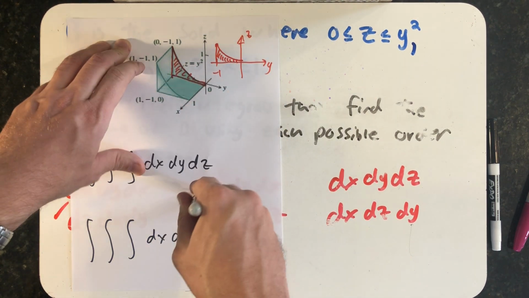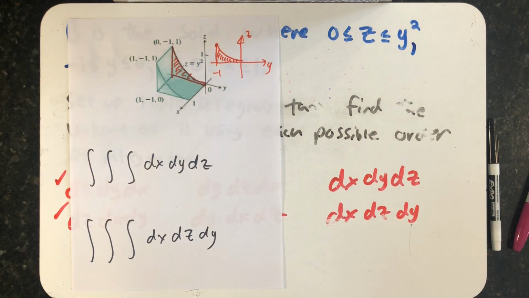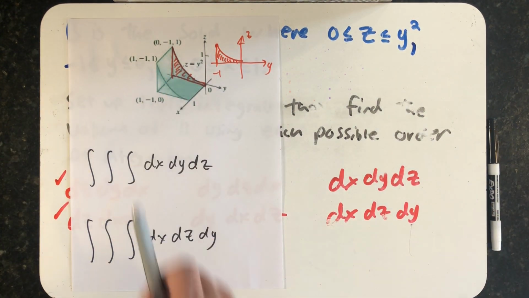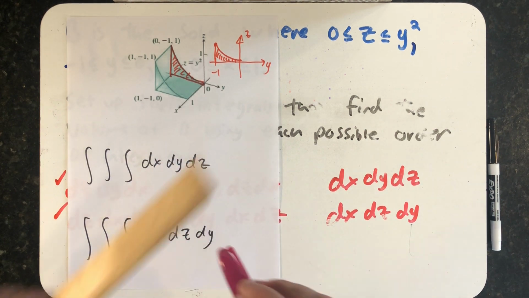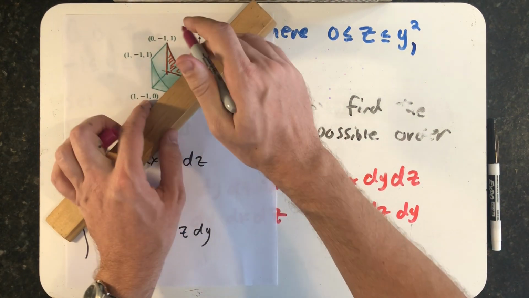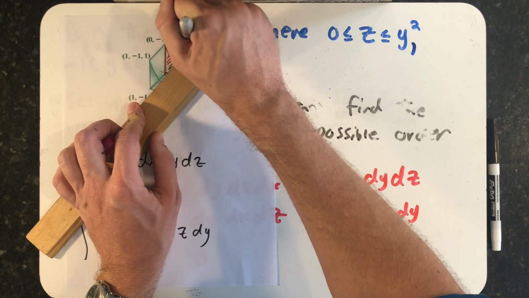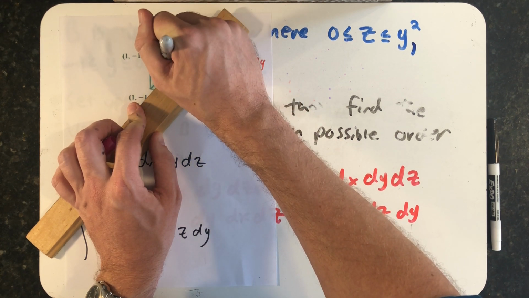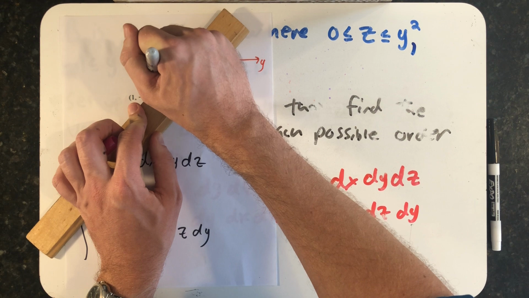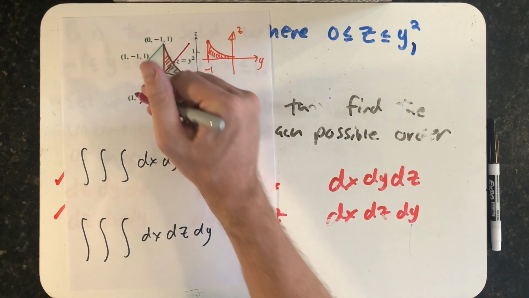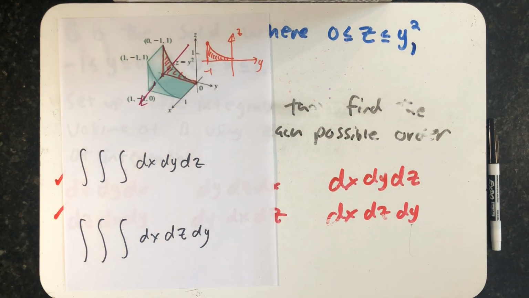All right, so now I need to draw a ray through that region, perpendicular to that back wall, parallel to the x-axis. So I'm imagining traveling along that direction, hitting that back wall, traveling through the region, and coming out through this front wall that has the same shape as the back wall.